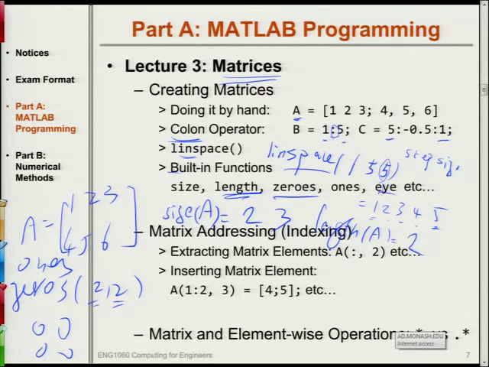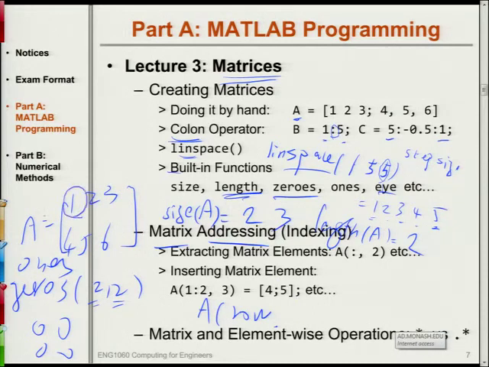And eye is the diagonal identity matrix. So this is matrices. For matrices we also talk about addressing and indexing. You can grab any element from a matrix, and when you grab an element, you just put the row number and column number of the element.